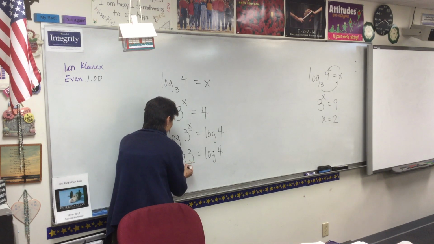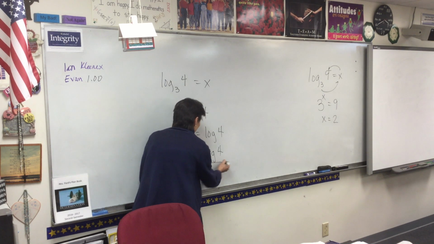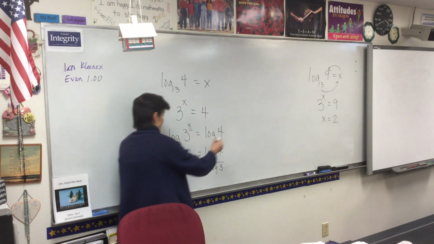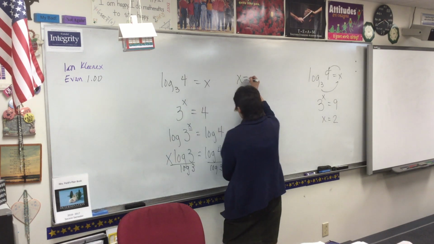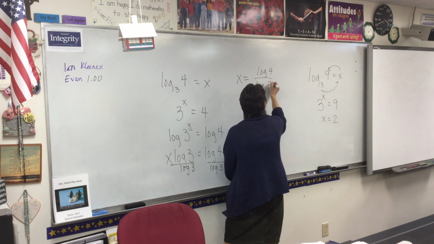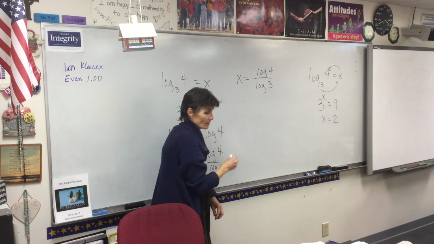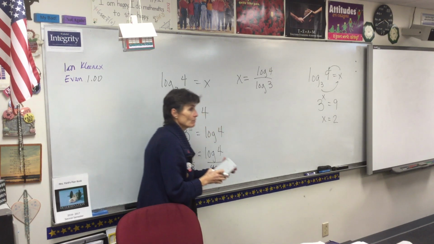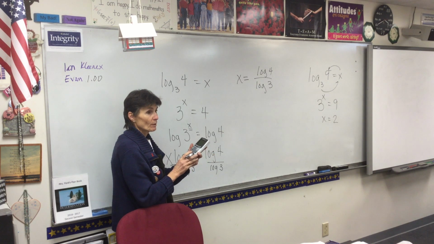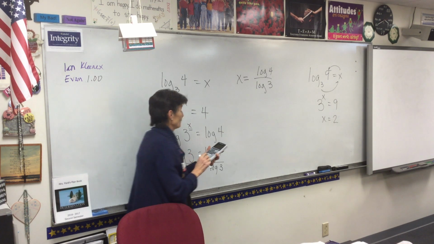And if I want to know what x is, I'll just divide both sides by log 3. So x ends up equaling the log of 4 over the log of 3. So I'll go to my calculator, and remember, Ferris or somebody, when you asked me yesterday if we needed to close the parentheses? Oh, yeah, now we do.